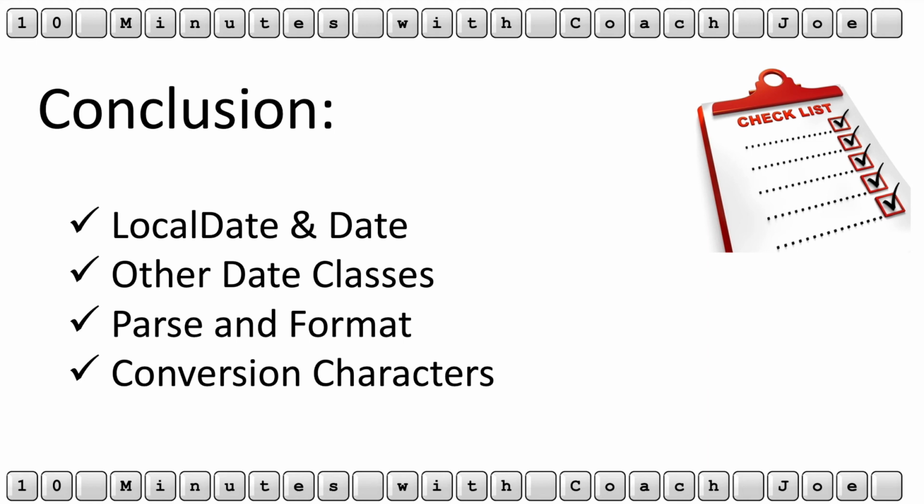There are several date classes, each with their own features for working with dates and times. You also have an understanding of parsing and formatting dates to strings. There are several other character formats available.